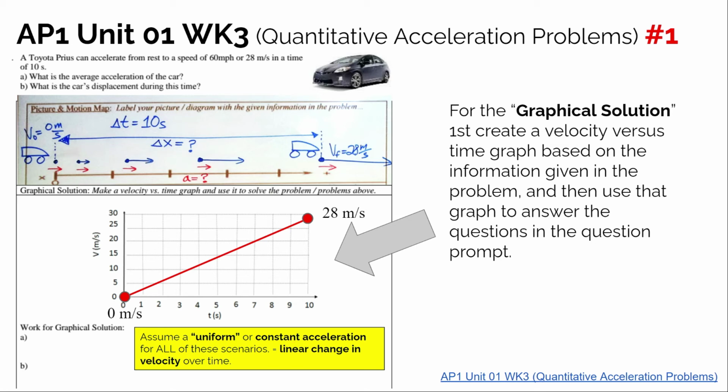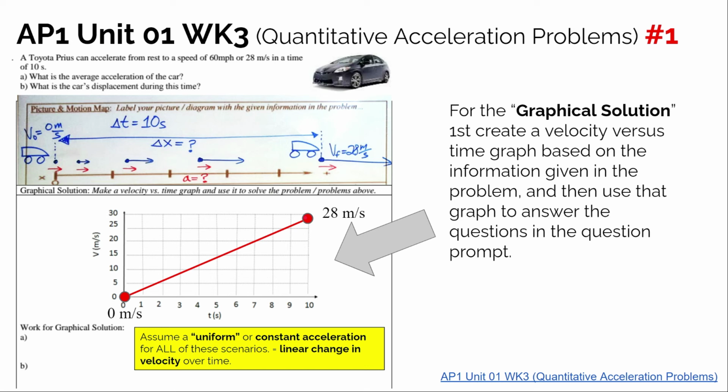A constant or uniform acceleration, remember, means that the velocity changes linearly. There's a linear change in velocity over time. And so from our initial velocity to our final velocity, we're just going to draw a straight line connecting the two, showing a constant acceleration.